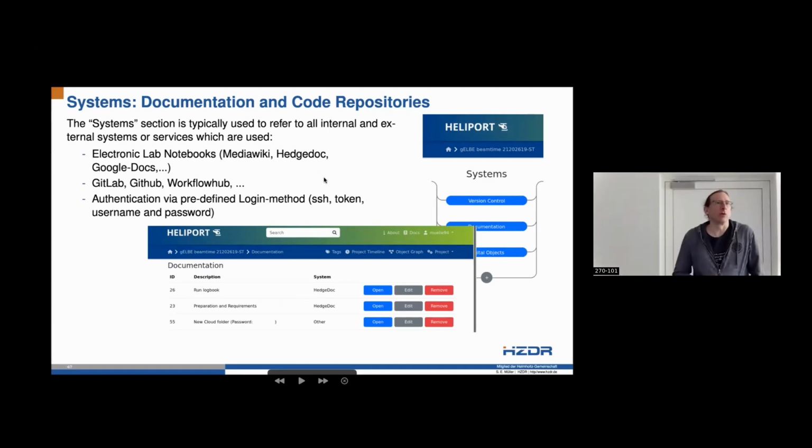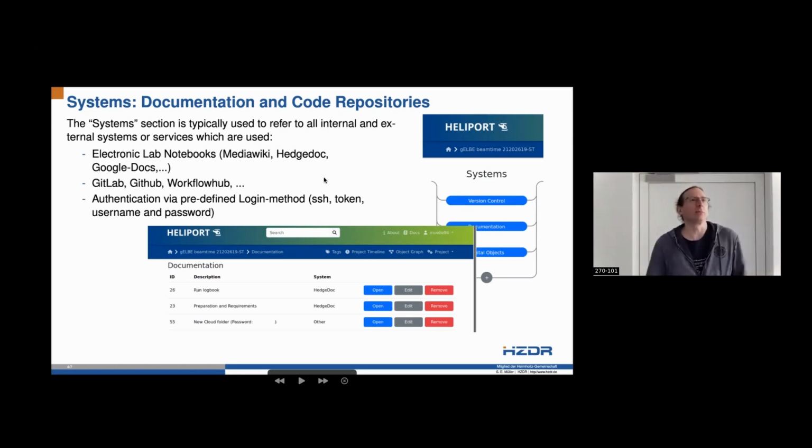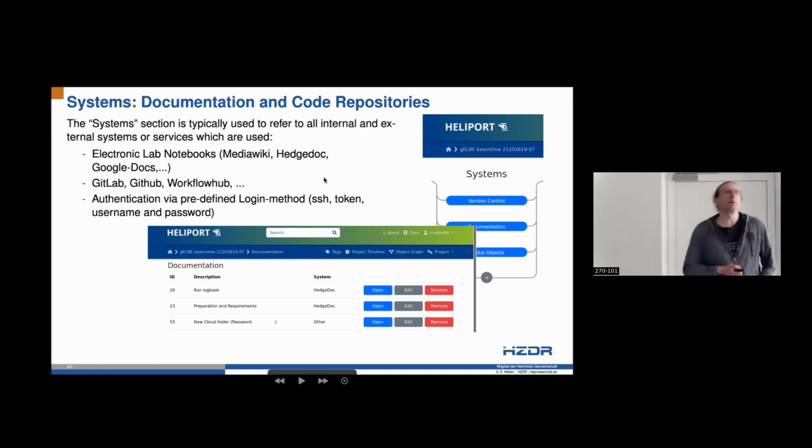And then we had a cloud folder, and you just link this here. If you click on the open button, it will actually open, provided that there is a predefined login method in HELIPORT defined, which can be based on SSH token, username and password, or whatever. So essentially you can also create a key and pass this on to our HPC center.